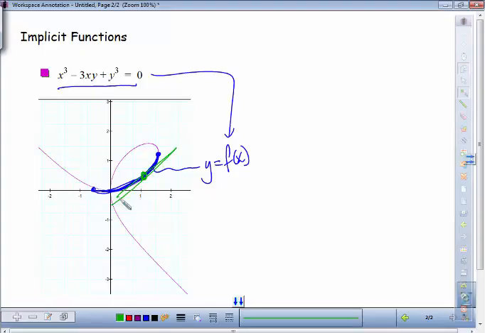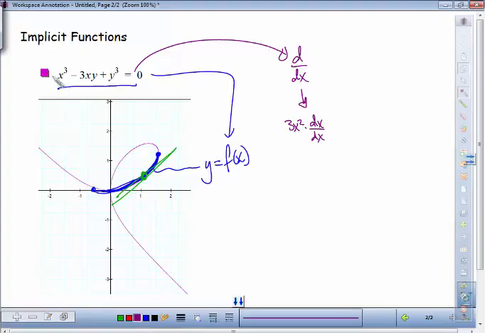Okay? So if you remember what you did with implicit differentiation, we take the derivative with respect to x of this thing. The derivative of x cubed with respect to x is 3x squared, and really we multiply by dx over dx, the derivative of x with respect to x.